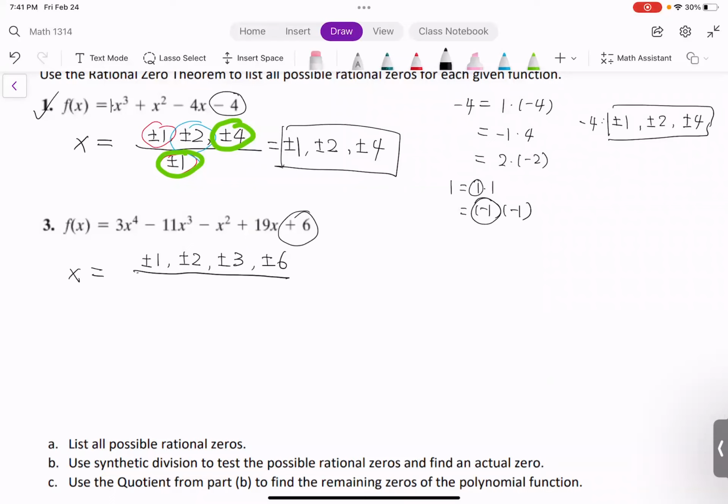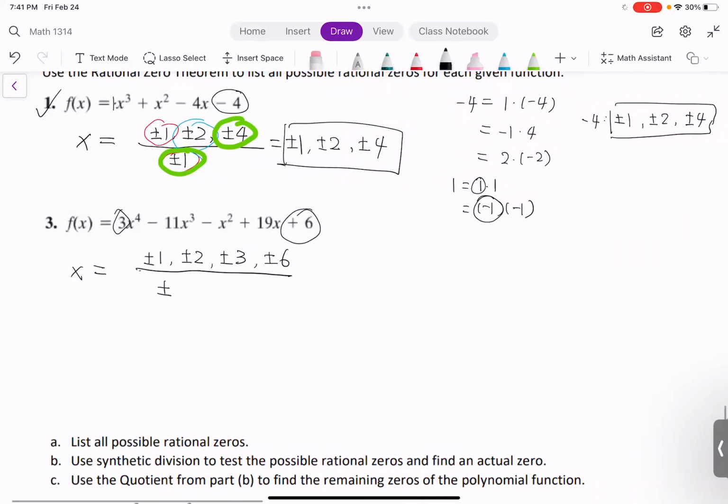If you ask me why I didn't put positive or negative 4 there, because 4 is not a factor of 6. The bottom is the factor of the leading coefficient 3. I can have positive or negative 1, positive or negative 3, because positive or negative 2 is not a factor of 3.